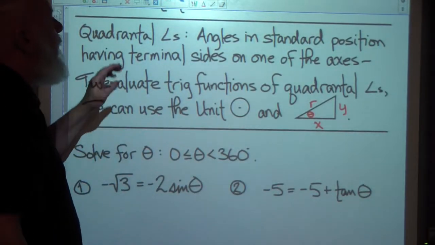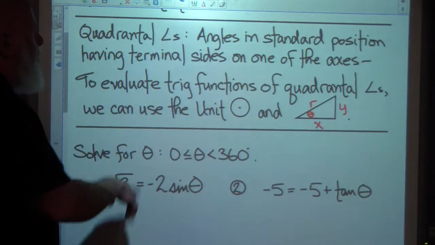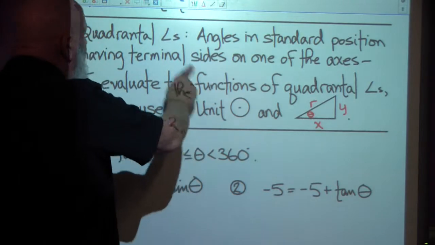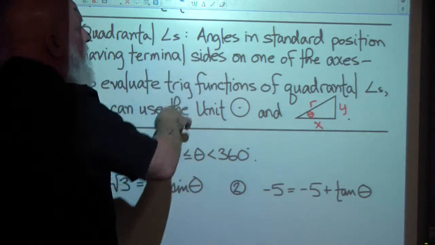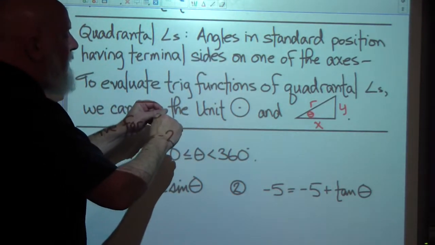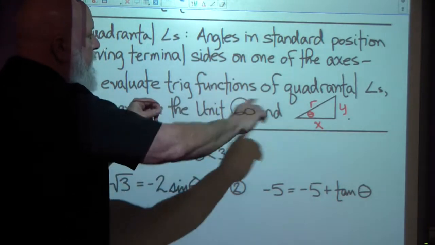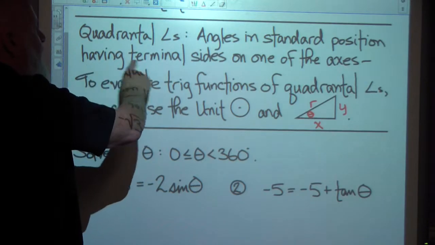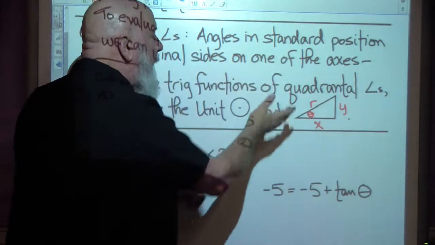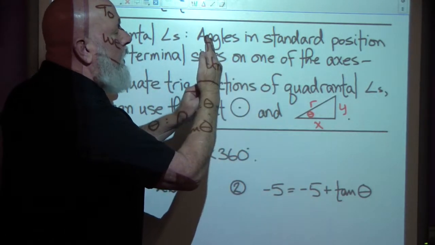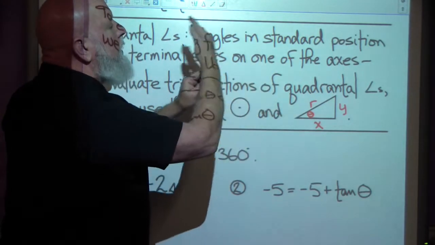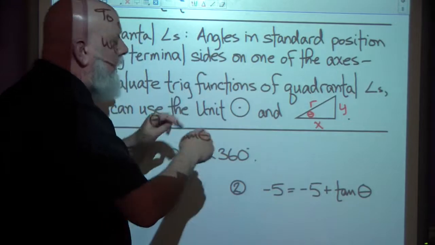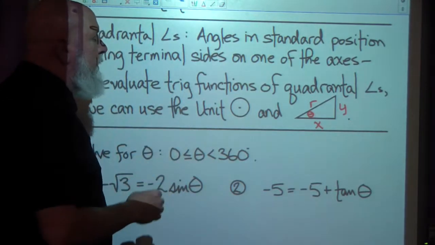Quadrantal angles. If we run into an angle that's quadrantal, we're going to use the unit circle. Quadrantal angles are angles in standard position. That means that the positive x-axis is the initial side and the terminal side is wherever the rotation stops. If the terminal side is on one of the axes, if it stops on the y-axis, or if it rotates and stops on the x-axis, or on the negative y-axis, those are quadrantal angles.